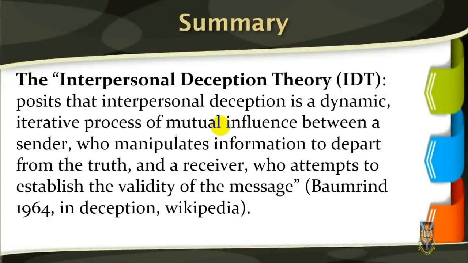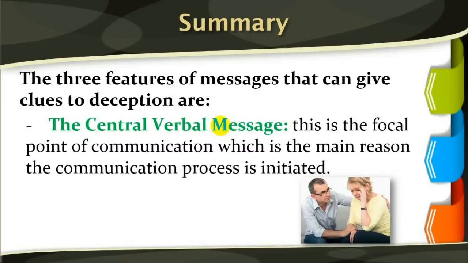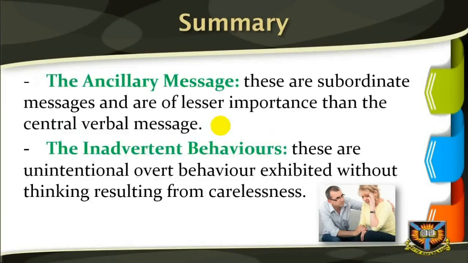The three features of messages that can give clues to deception are the central verbal message, which is the focal point of communication and is the main reason the communication process is initiated. The ancillary message. These are subordinate messages and are of lesser importance than the central verbal message.